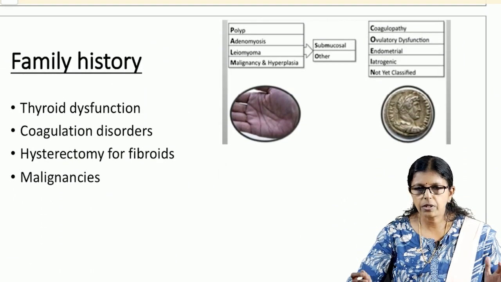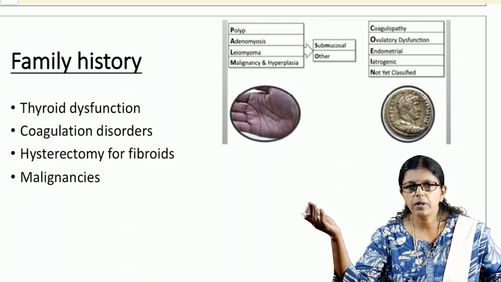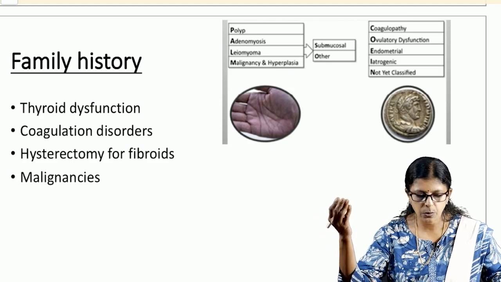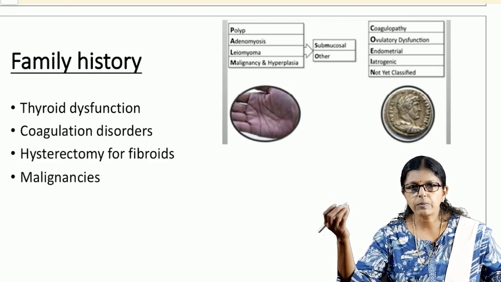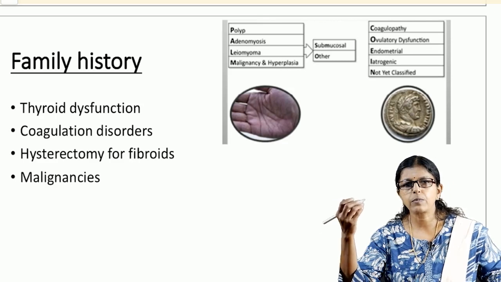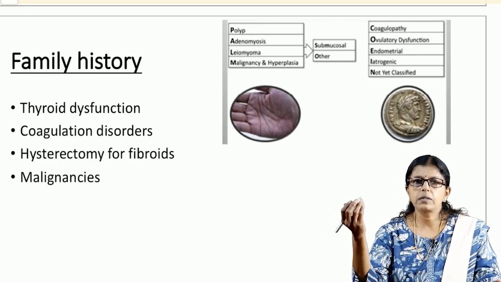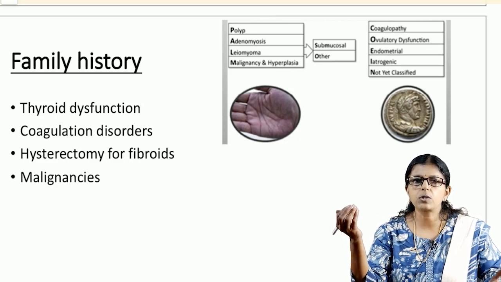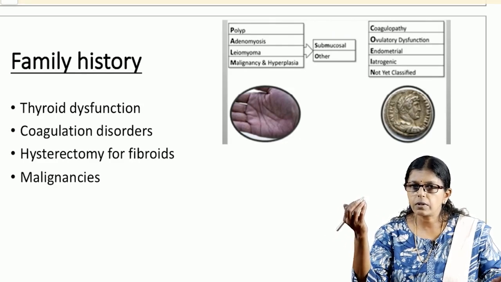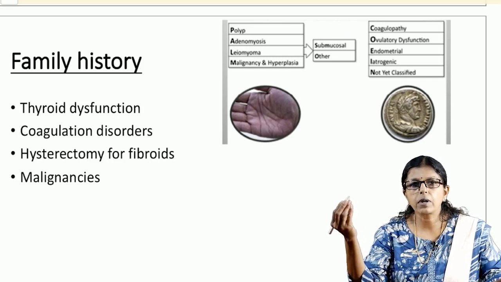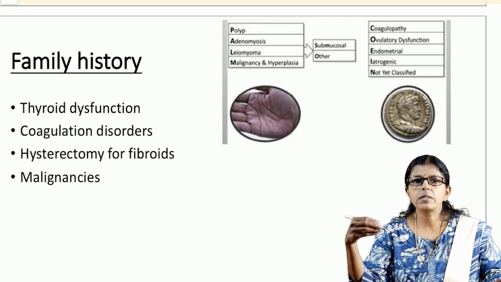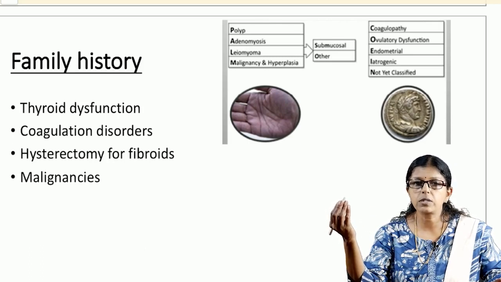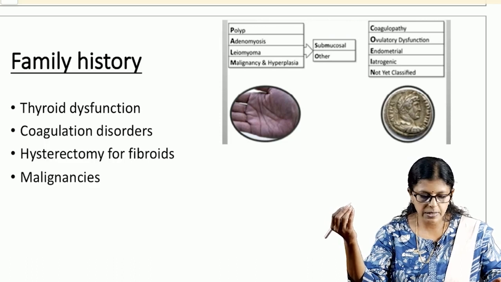Then family history. Again, you think of PALM-COEIN. With leiomyoma, sometimes it runs in families. You might have a mother or a sister with hysterectomy for fibroids. Malignancies, again you will have to ask for any breast cancer, colorectal cancer, endometrial or ovarian cancer, because you have the BRCA gene mutations, you have the Lynch syndrome and such, where you have associations of malignancies of the uterus with the ovary, the endometrium, the breast, etc. So, you have to take a history for any of these malignancies in the family.